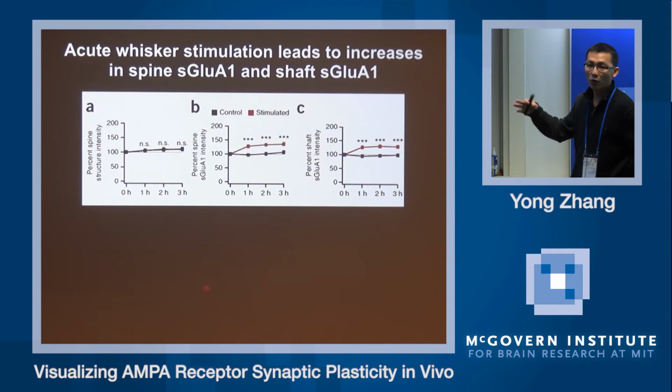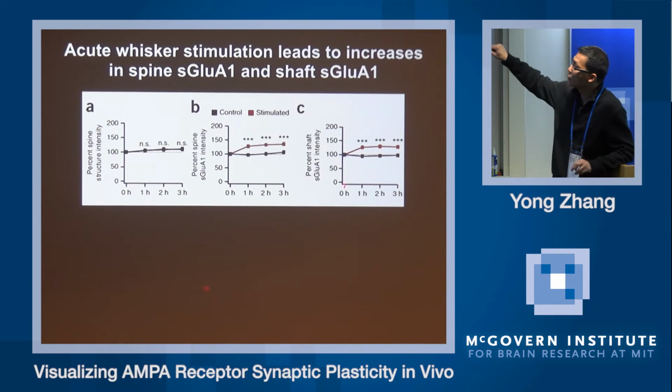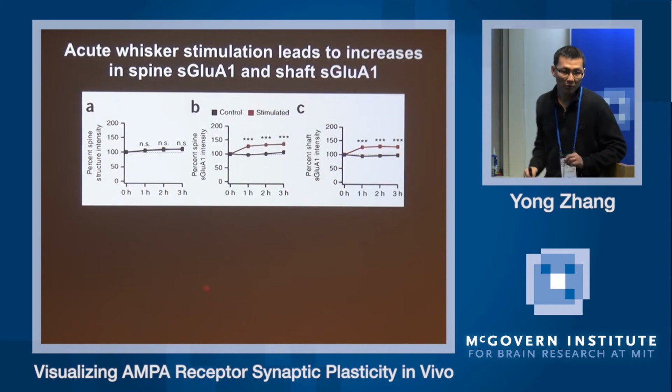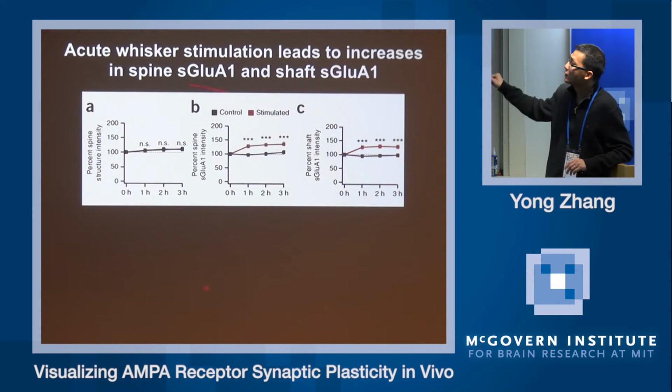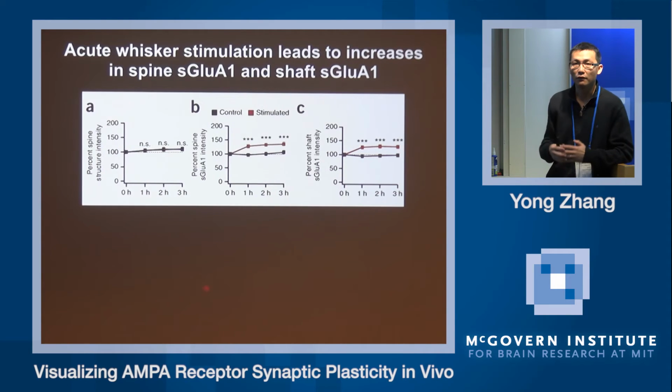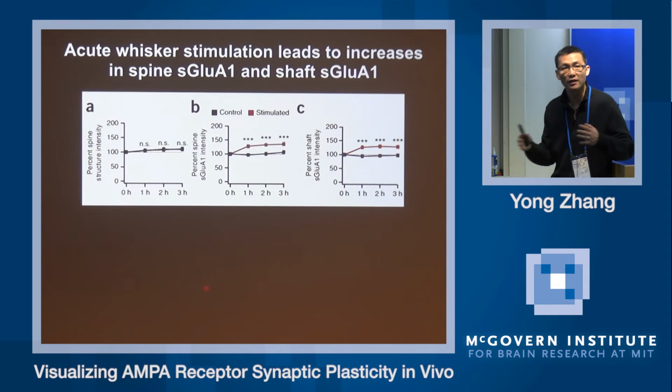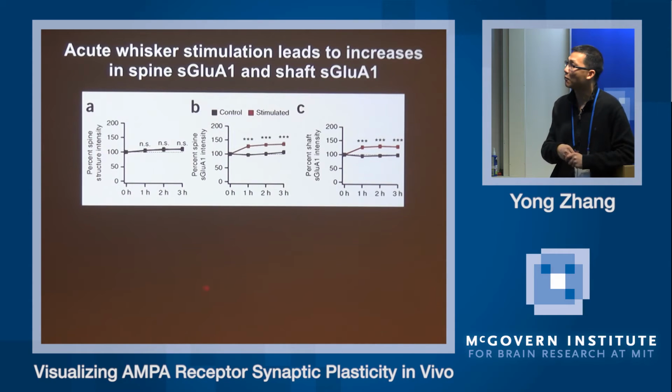However, if we look at the overall spine population, we find there is a dramatic increase in the spine surface AMPA receptors. As quantified here, it is about a 30% increase. And also, there is an increase in the shaft surface AMPA receptors, also about 30%. So these three figures give you an idea of how the spine surface AMPA receptors change when we look at the spine population as a whole.